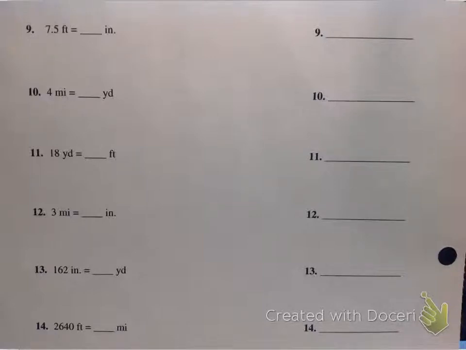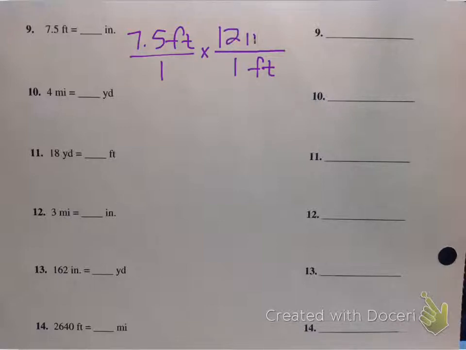So with 7.5 feet, I write 7.5 feet, and it's very important to keep your unit with your number, over 1, and then I'm going to multiply that by a conversion factor. Now, do I have a conversion factor that relates feet and inches? Yes, I do. I'm going to put feet on the bottom, and I know 1 foot is 12 inches.